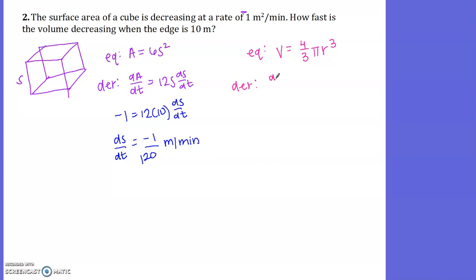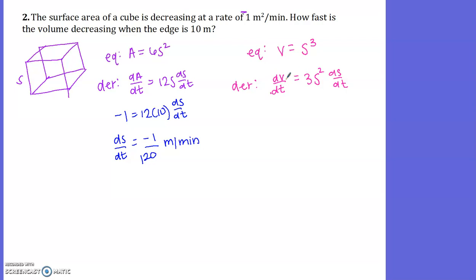Then our derivative, that'll be dV/dt equals 3 times 4, oh, sorry, I'm using the wrong equation. We're dealing with a cube, not a sphere. So this will be volume equals s cubed. So then our derivative, dV/dt, is going to be 3s squared ds/dt.